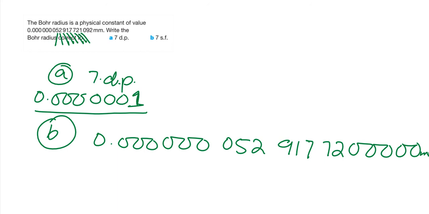We can't add anything to that 2 because the 8th significant figure is 1, which is less than 5.